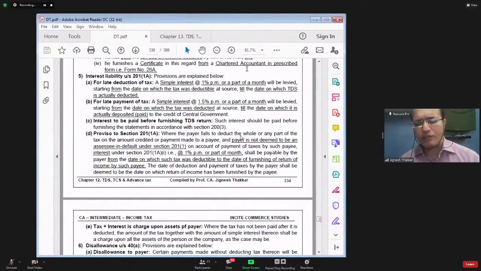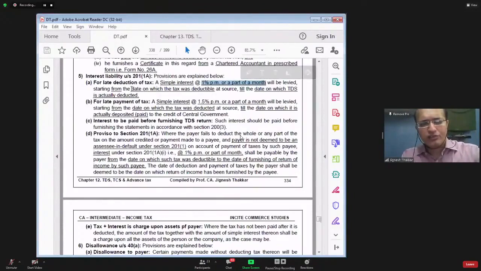They made me payment on 15th of May and forgot to deduct TDS on 15th May. They adjusted this TDS in the next month on 20th of June. So they were liable to deduct TDS on 15th May, but actually deducted it only on 20th of June. So they have to pay interest at the rate of 1% per month or part of the month.